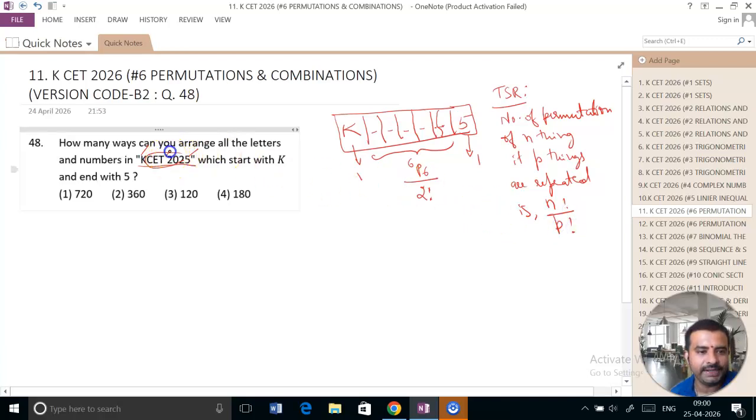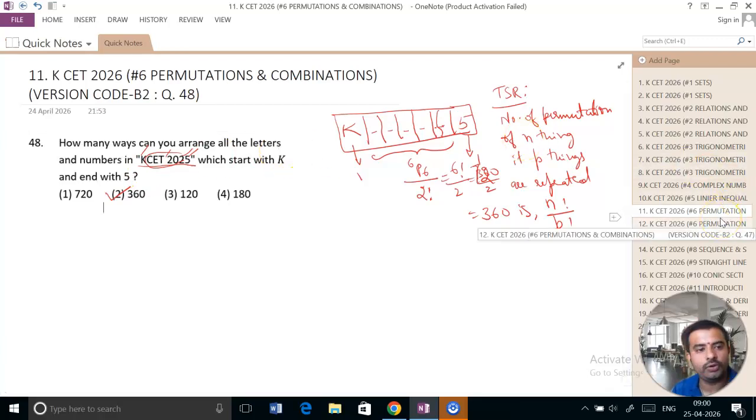See here 2 is repeated twice. So if I take 6P6, 6 is 6 factorial by 2, and 6 factorial is 720, 720 by 2 is 360. So option 2 is the right answer for question number 48, version code B2.